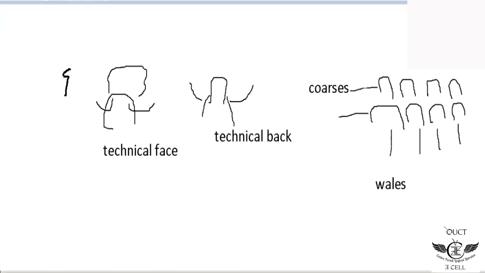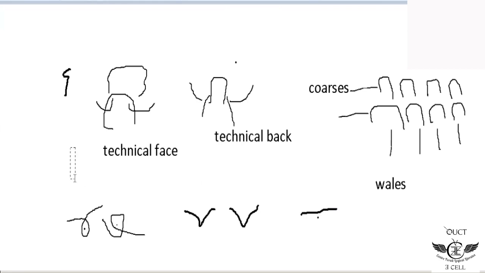Then what is knit? Let me show you what is knit. See, the knit structure will be like this. This is technical face and this is technical back. And what is tuck? Let me show you what is tuck. Tuck will be an off motion. And what is miss? Sometimes the needle misses to do knit. So this is miss.